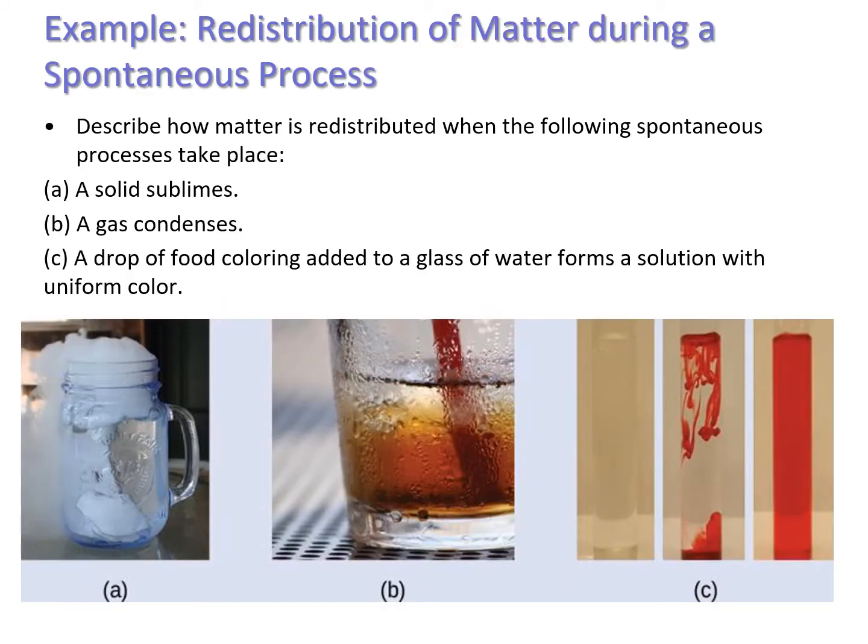So here we have some spontaneous processes, and we are going to discuss how the matter is being redistributed and how it's contributing to it being spontaneous. First we have a solid subliming. Sublimation is whenever you're going from solid to gas directly, skipping the liquid phase. We are starting off with a solid which has a high density, and then we're going to a gas which has a low density.